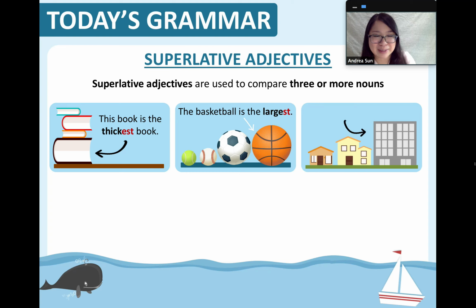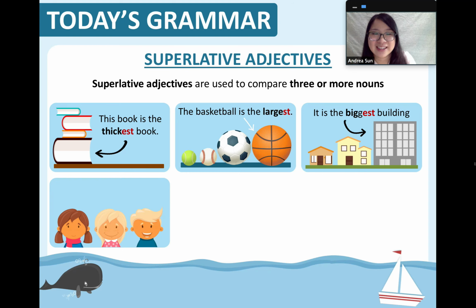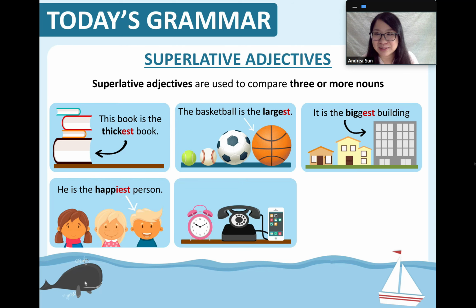How about the apartment? It is the biggest building. We can also say it is the tallest building. How about these people? What is different about these people? This person, he, is the happiest person.